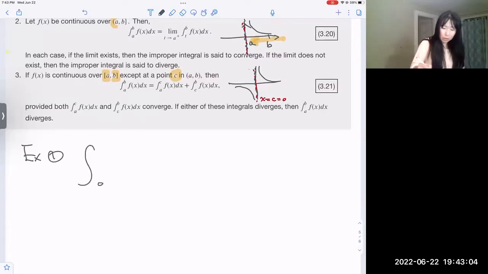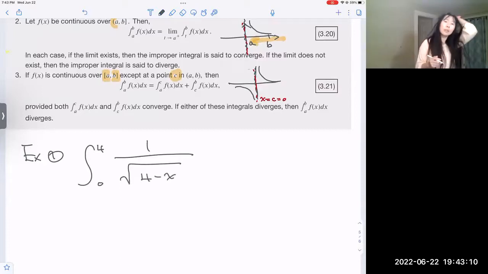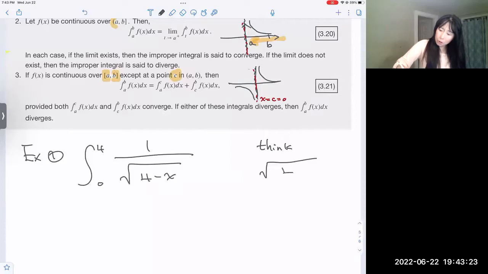So we have the integral from 0 to 4 of 1 over square root of 4 minus x, okay? All right, so look, we have square root of 4 minus x, right? Then this will be minus x plus 4. Then we can factor out the negative sign. All right.